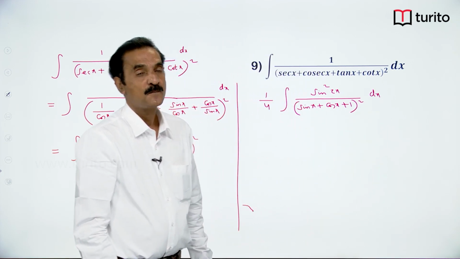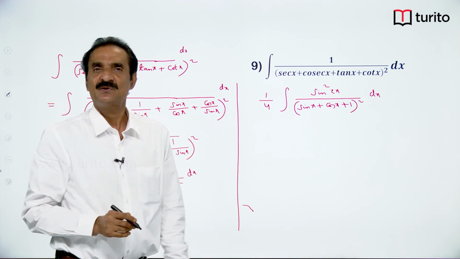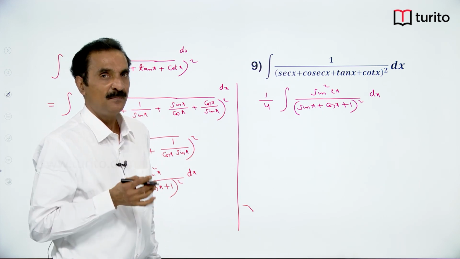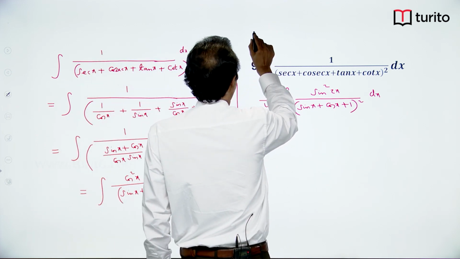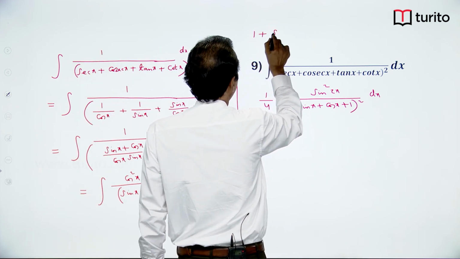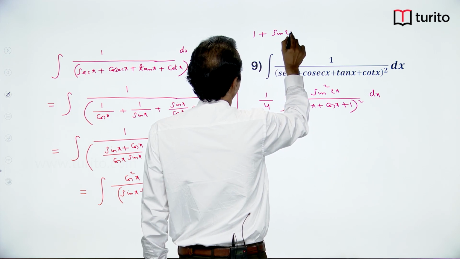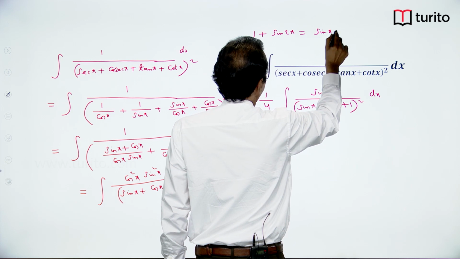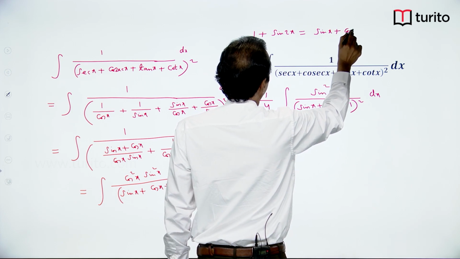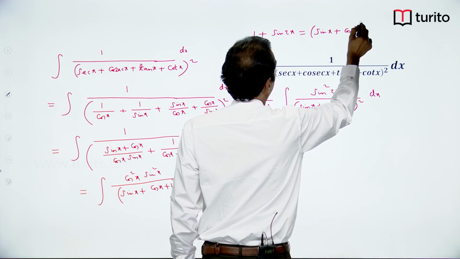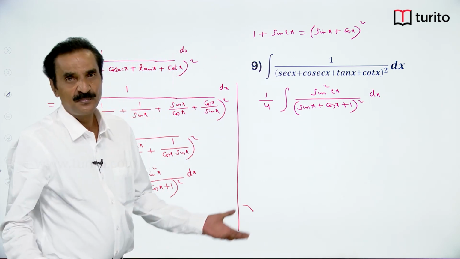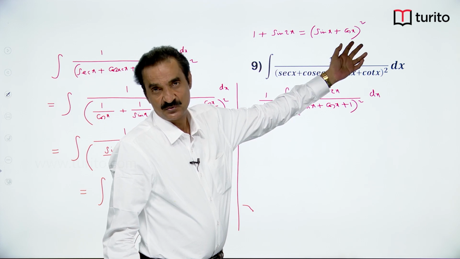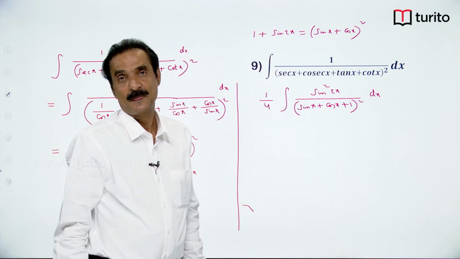Now, in many questions in trigonometry and integration, we use one important result: 1 plus sin 2x is equal to sin x plus cos x whole square. Very simple to understand. If you expand, sin square x plus cos square x is 1, plus 2 sin x cos x, that is sin 2x.